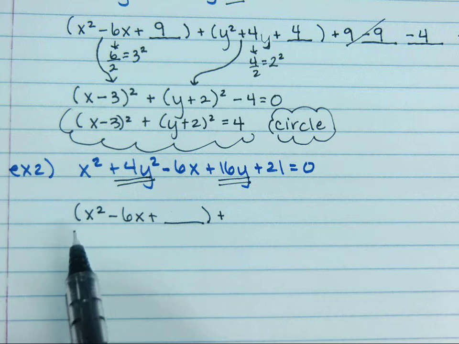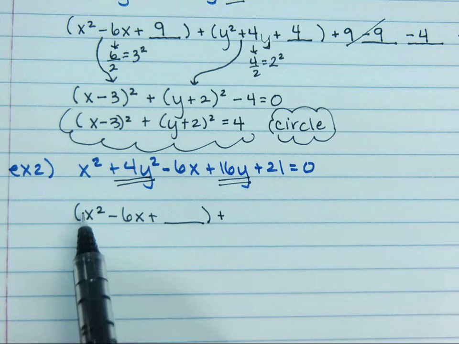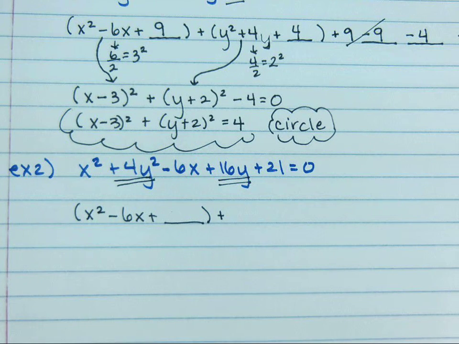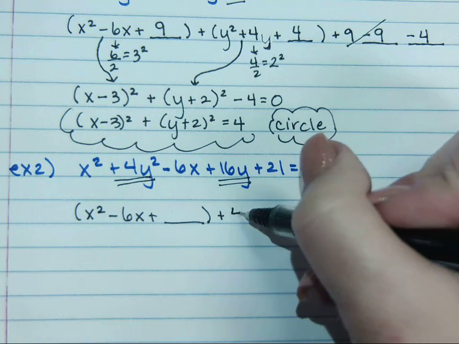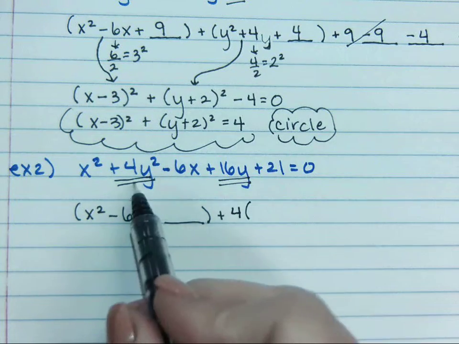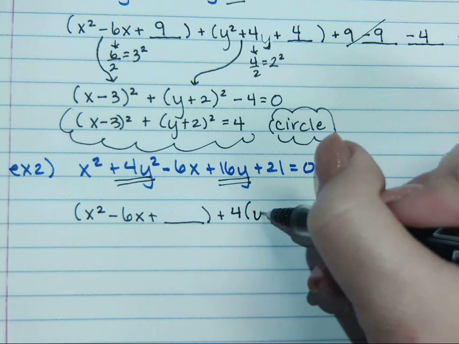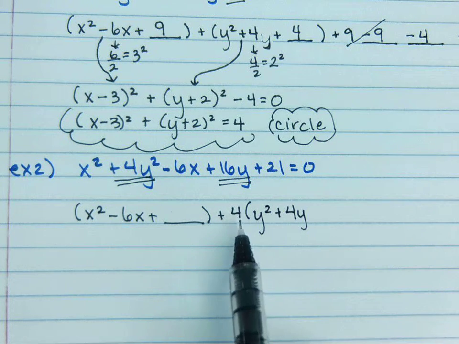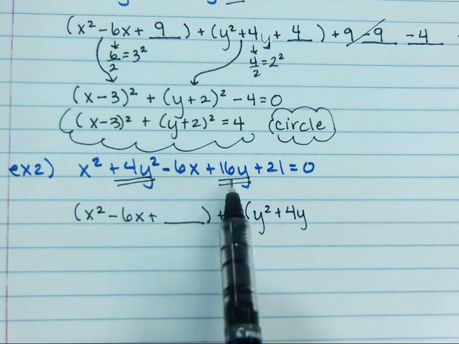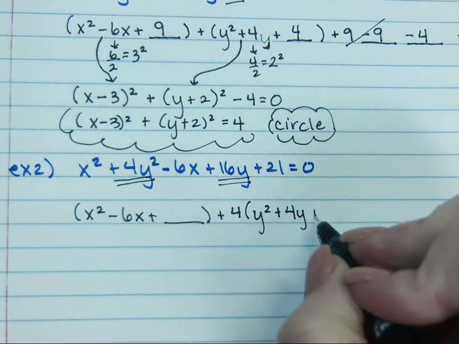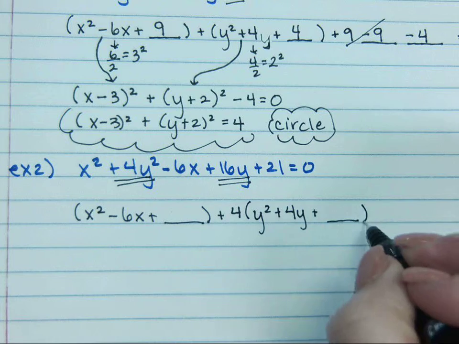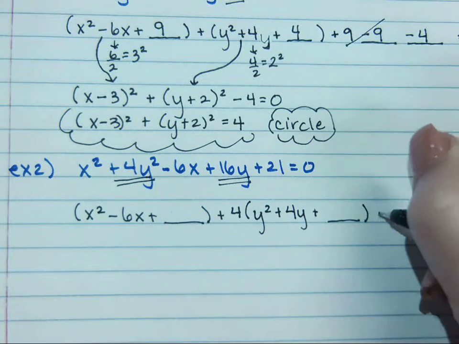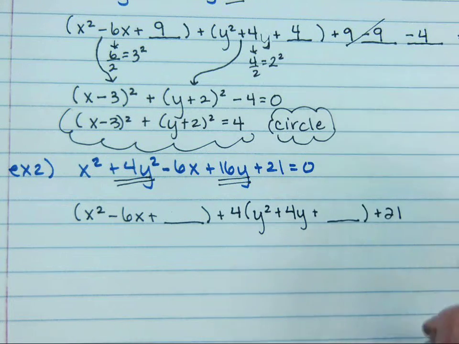So because I want to make sure that there's a 1 in front of my squared term, I first need to factor out the 4 from these two terms to be able to write this as y squared plus 4y. So just notice that all I did was factor out the 4 from the two that I underlined that both have a y attached to them. And I'm still going to need to add something to complete the square. And then I have my plus 21.